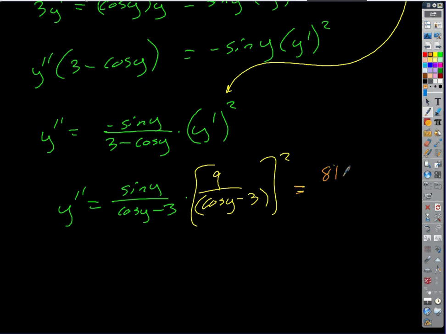So I got an 81 sine y, and what's on the bottom? Cosine y minus 3 to what power? Yeah, I got 2 of them there and 1 of them there, right? Okay, makes sense.